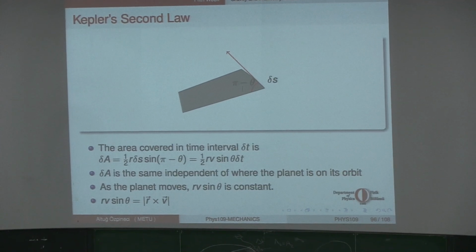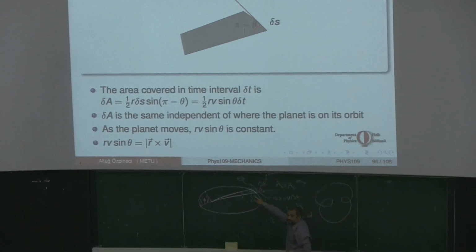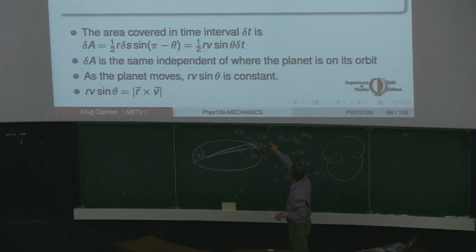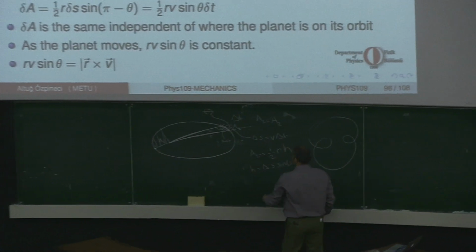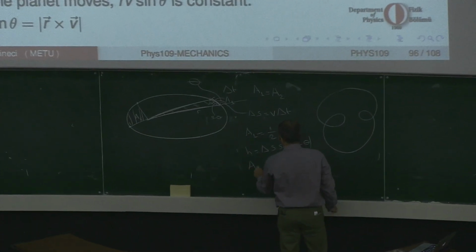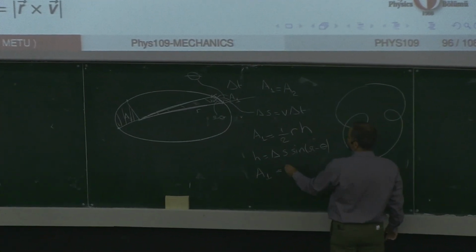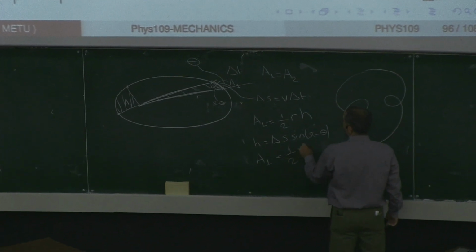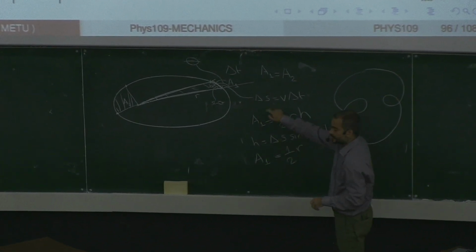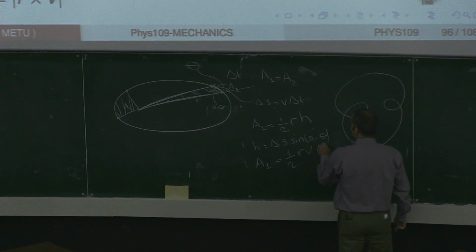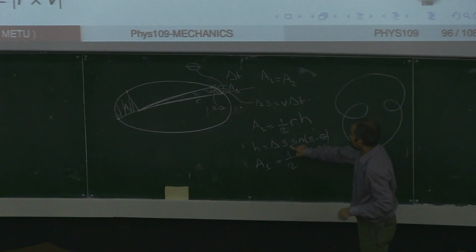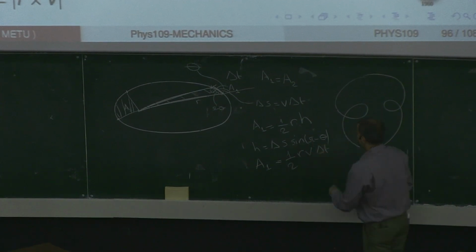So the area of this triangle is approximately, which is exact in the limit when delta t is very small, area A1 is approximately equal to 1 over 2 times the height, delta S, which is V delta t, times sine of pi minus theta, which is nothing but sine of theta.